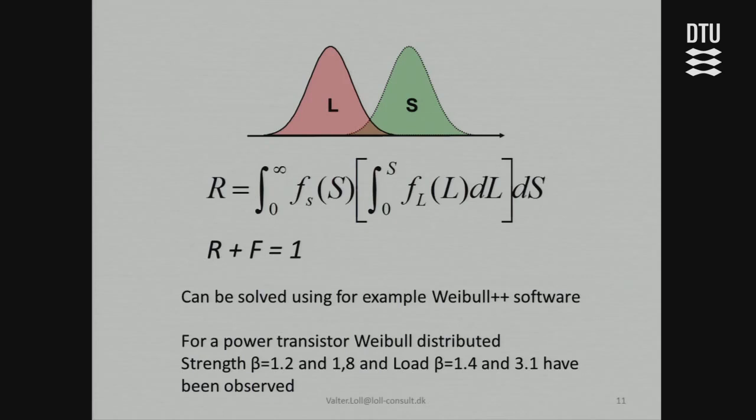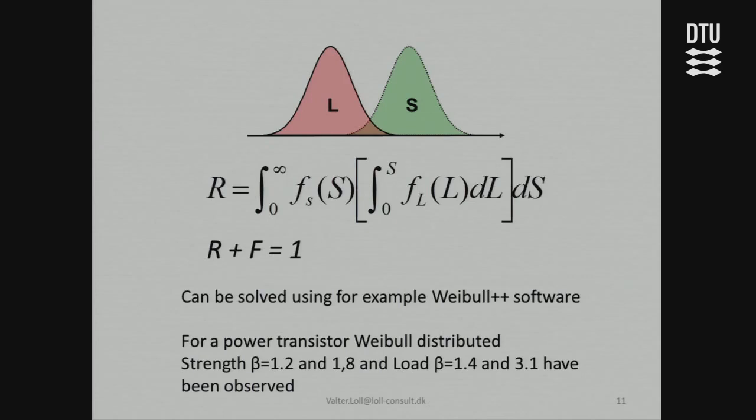If both curves are normal distributions, it's much easier because then you can use the safety margin, which is the mean strength minus the mean load divided by the square root of the standard deviation squared. And when you have the safety margin, you can look up the probability of failure in a log normal table.